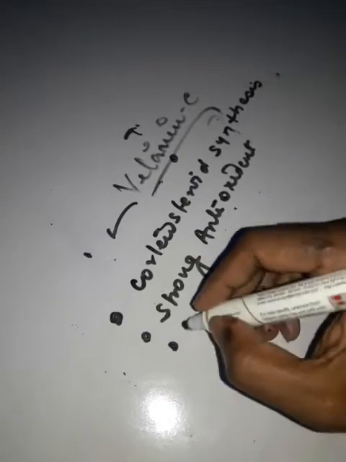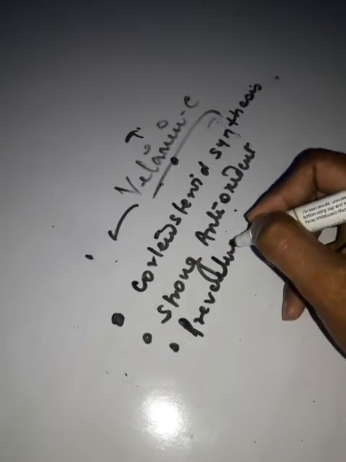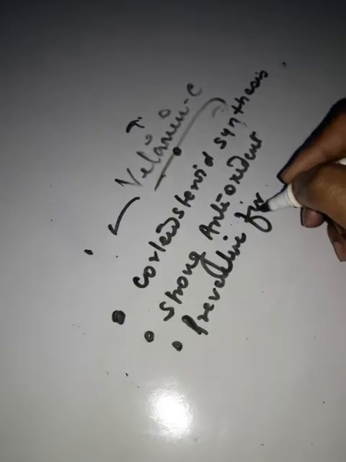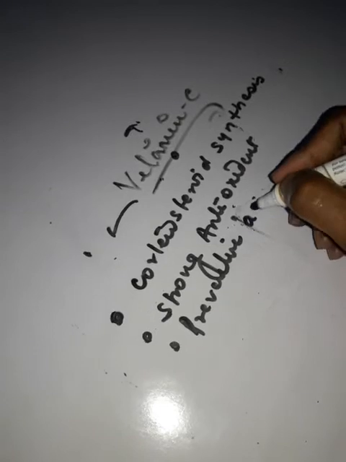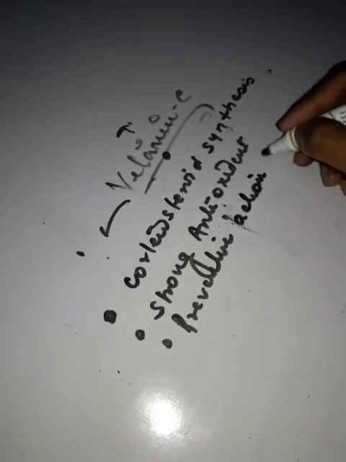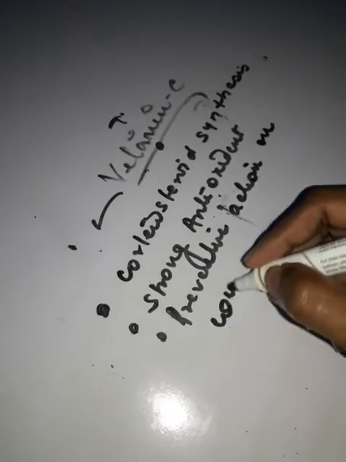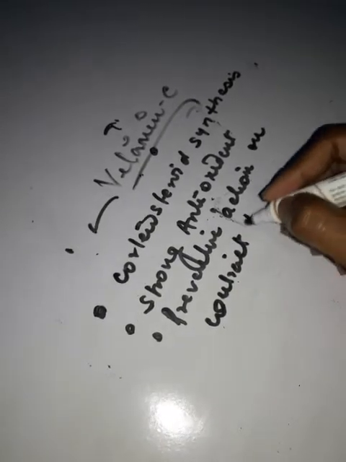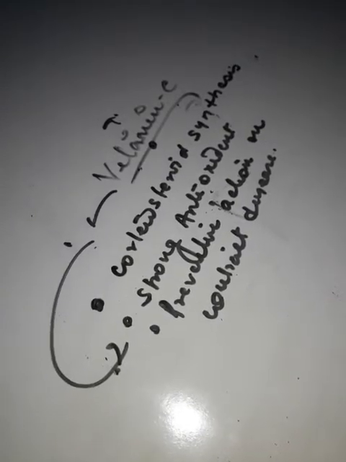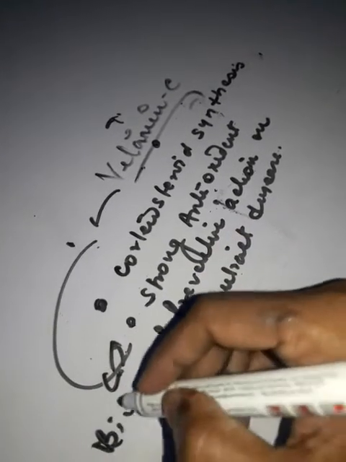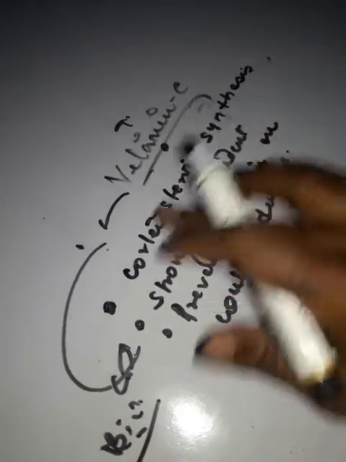It is also used as a preventive action on cataract diseases. So vitamin C is a strong antioxidant. It is also used in biochemistry or organic chemistry in UV analysis, as a standard. So these are the main functions of vitamin C.